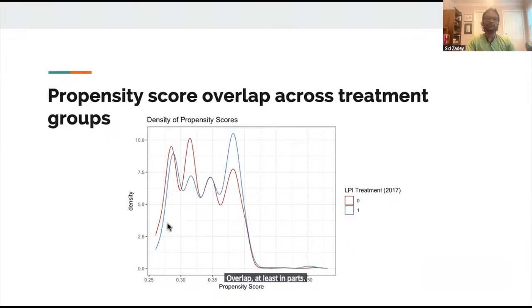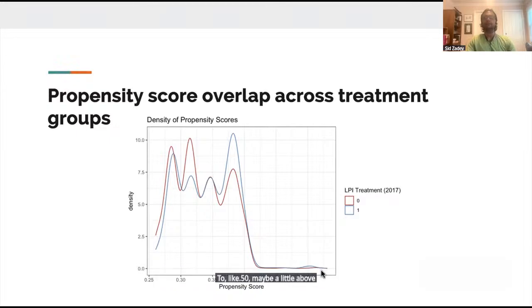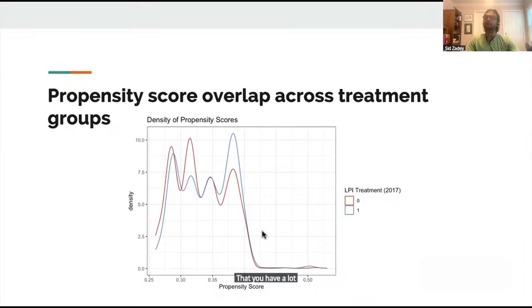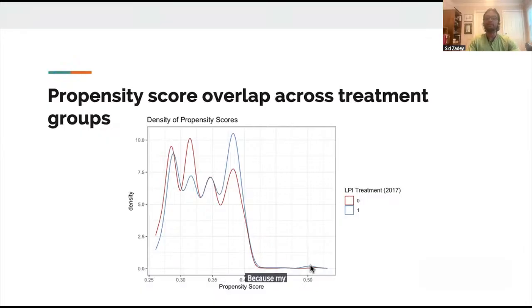But you can also see that the propensity score values range from 0.25 to 0.50, maybe a little above that, which means that we do not have units that are perfectly matched using only the standard propensity score. And so this is the hint that you have a lot of unmeasured confounding. Can I put a number on how much? No. But do I know that there is significant unmeasured confounding? Yes, because even the best propensity score is not going above 0.5.